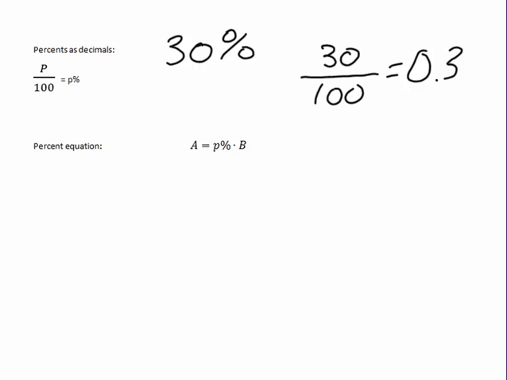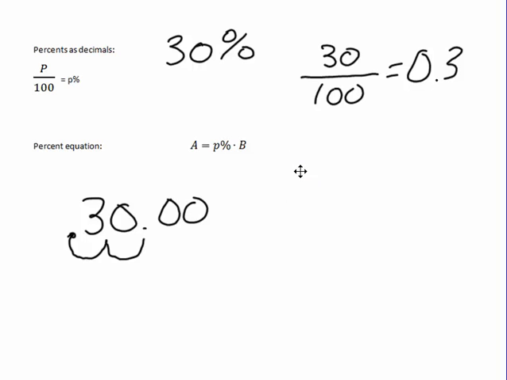Let's look at 30 in comparison to 0.3. Well, 30 is really 30.00. So when I divide 30 by 100, I'm basically taking my decimal and moving it 2 places to the left. So 30% is really 0.3.